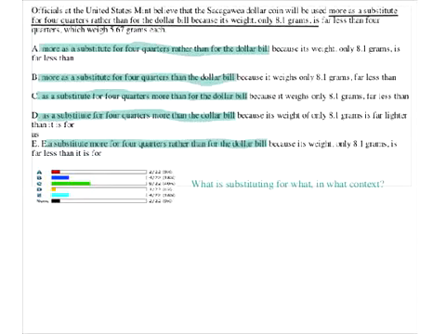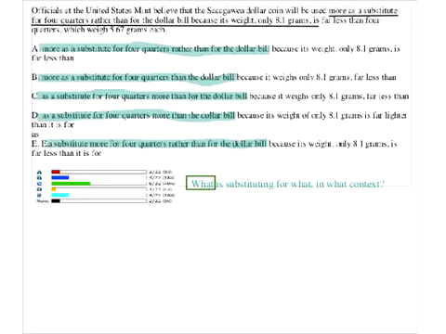A couple of you guys are actually perceiving what is a problem here. So what is substituting for what? Well, let's answer that question first. The Sacagawea dollar, I'm going to abbreviate it as SAC.